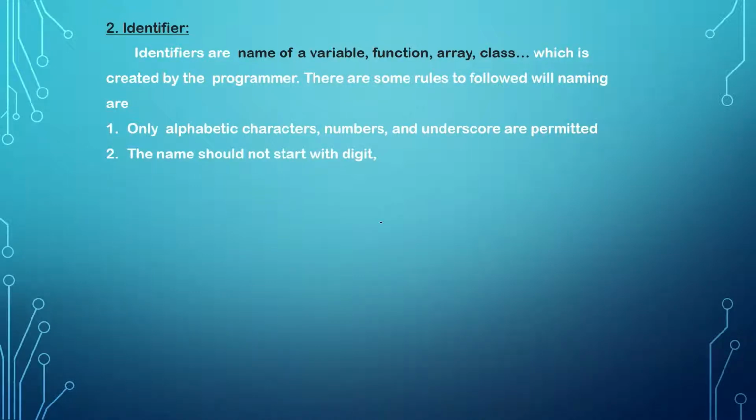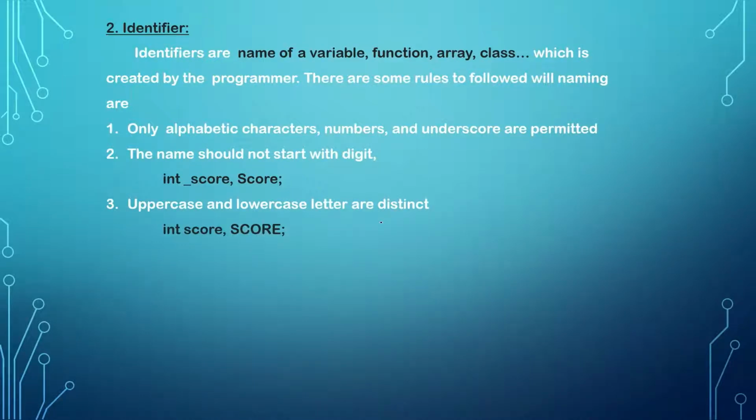The name should not start with a digit. It can start with an underscore or an alphabetic character. Uppercase and lowercase letters are distinct. Consider this example: score in lowercase and in uppercase are 2 different variables.